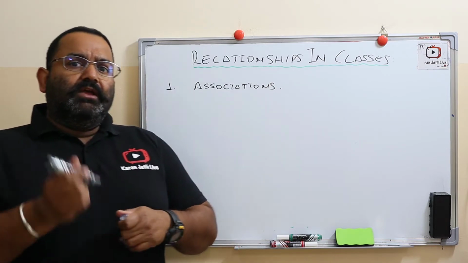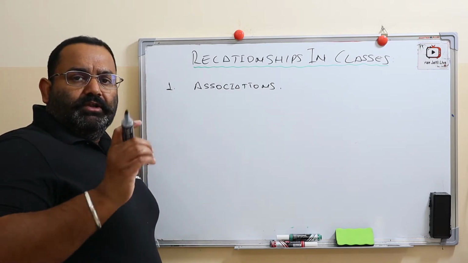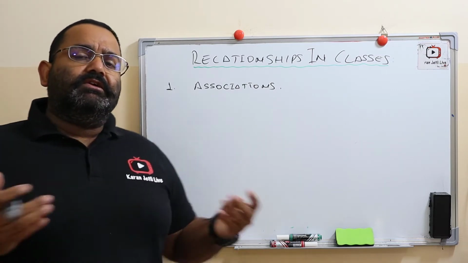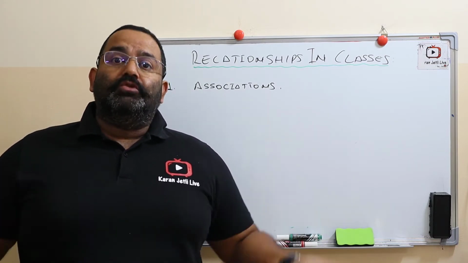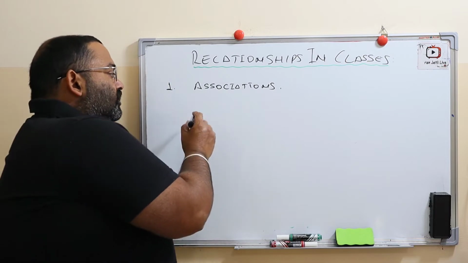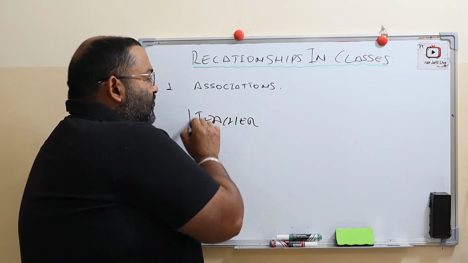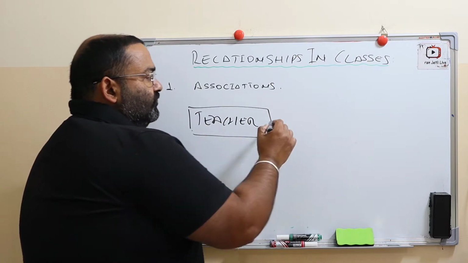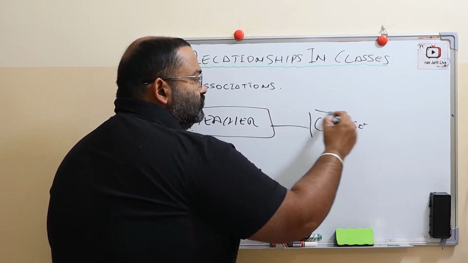For example, if we take the example of a college, in college we have different classes. We have teacher, we have student, we have course. So now teacher is associated with the course, yes or no?